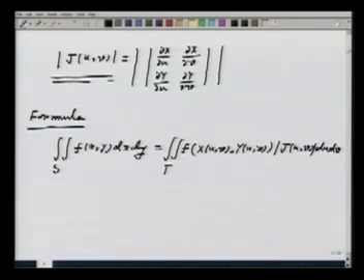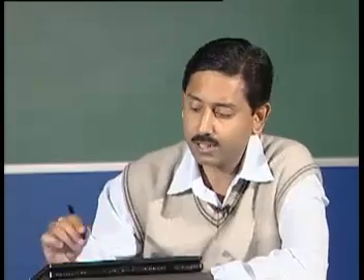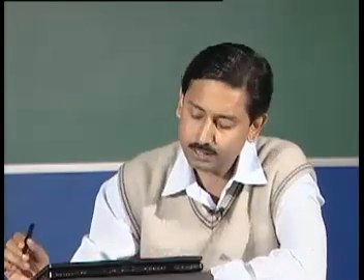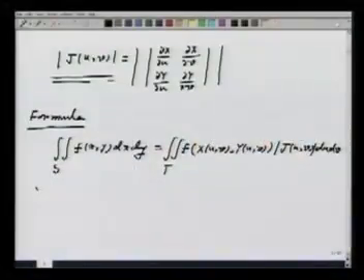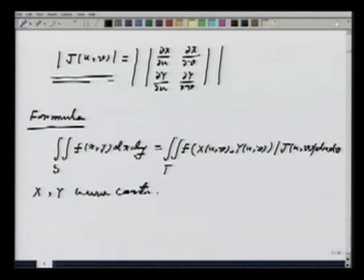Now, we are not going to prove this formula. Let me just assume this. For this, I need a certain hypothesis, that is that x and y have continuous partial derivatives.